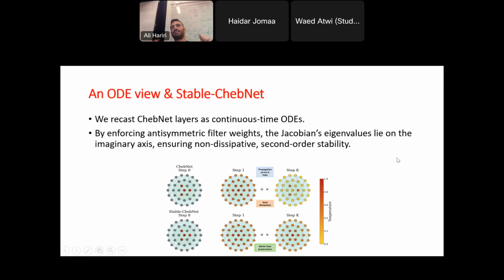What this does basically is it preserves the information flow and results in the eigenvalue distribution being stable. As you can see here in the figure, the eigenvalue distribution goes from an unstable distribution to a distribution that is fixed across the imaginary axis.